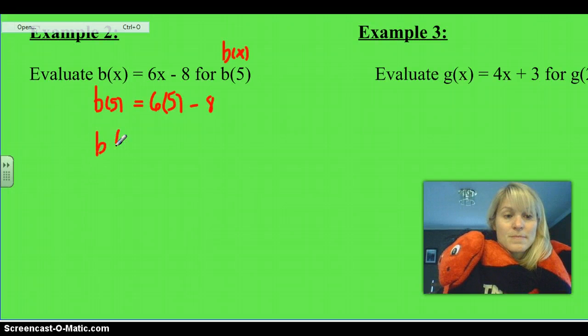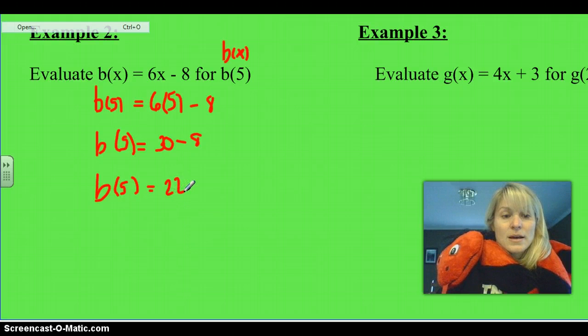So b of 5 equals 6 times 5, which is 30, minus 8. And so we have b of 5 is 22. And if I wanted to check and see this is right, I would know that b of 5 is 22, so we just go back and recheck our work. 6 times 5 is 30, 30 minus 8 is 22, we're good to go. So that's saying that this is 22.